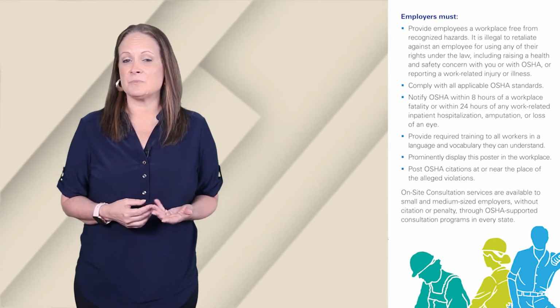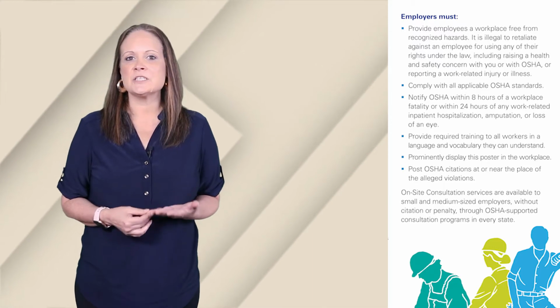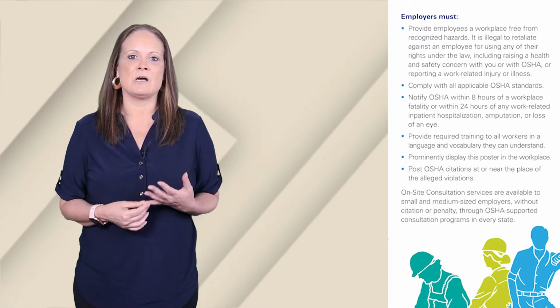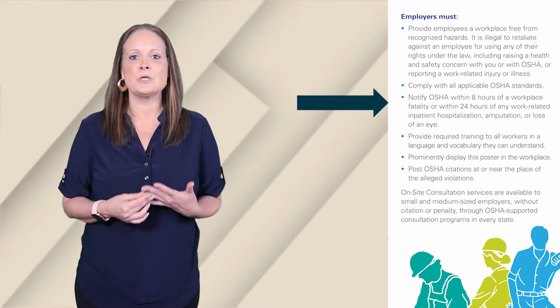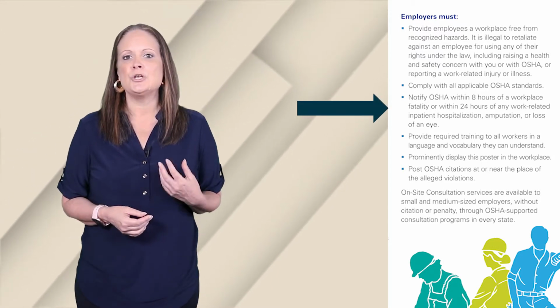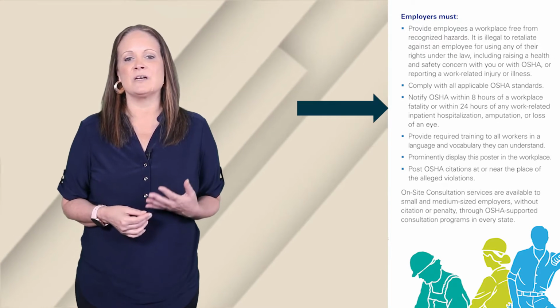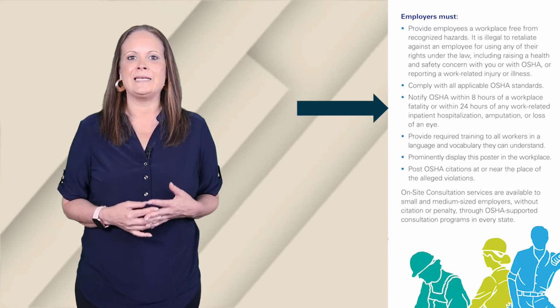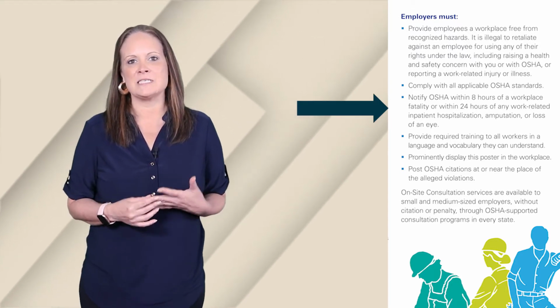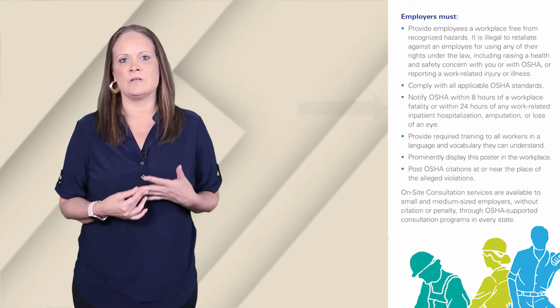Based on the information provided, we can draw the conclusion that the employer would need to contact OSHA within 24 hours, as it states in the third bullet point where it says, notify OSHA within 8 hours of a workplace fatality or within 24 hours of any work-related inpatient hospitalization, amputation, or loss of an eye.